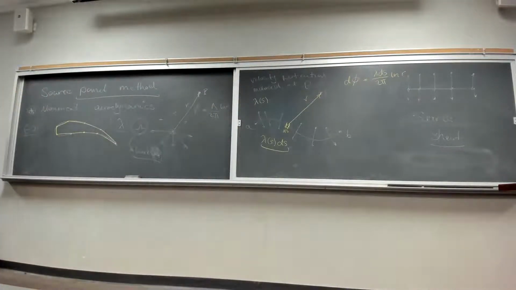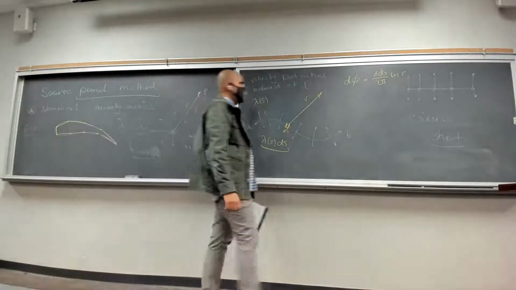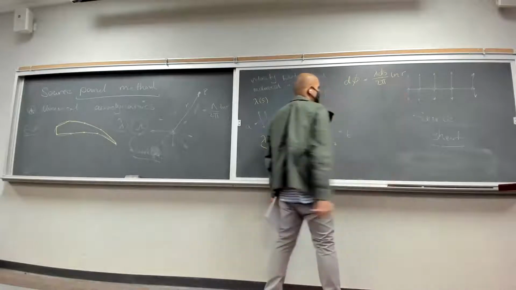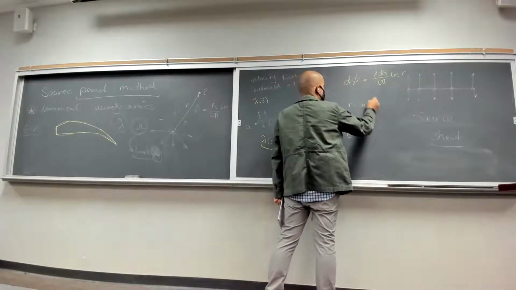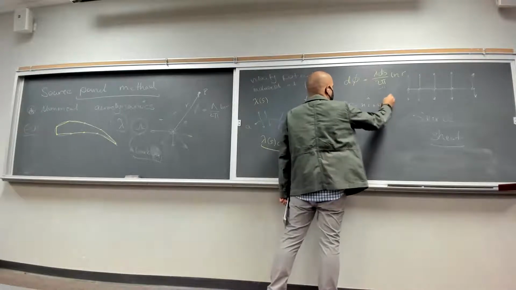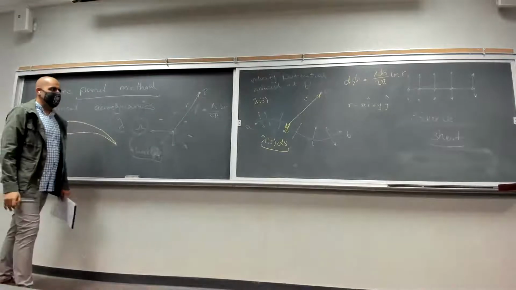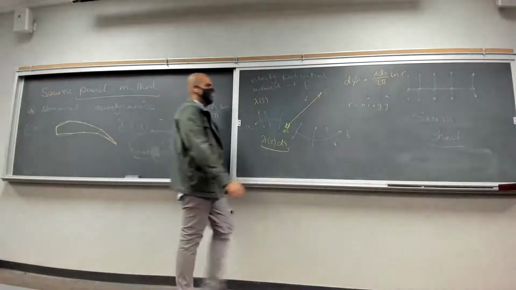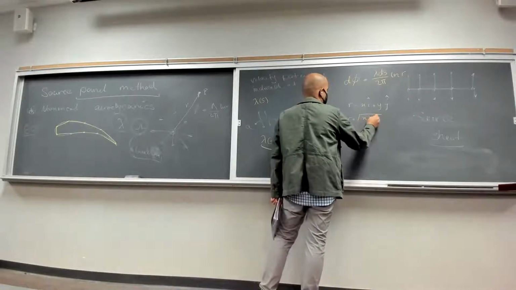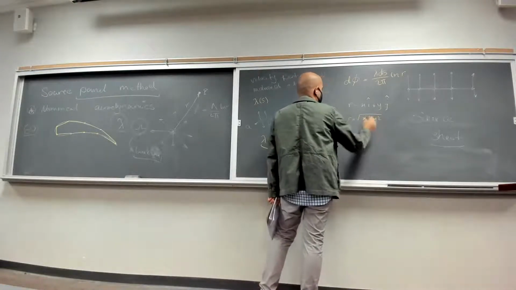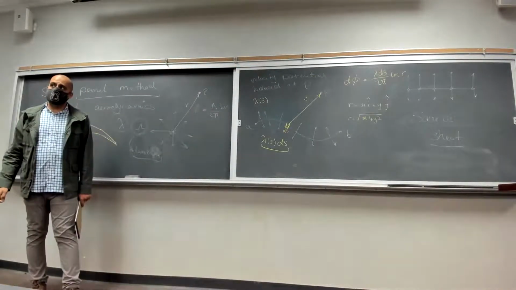Just have to keep in mind that this r is a vector, a function of x in Cartesian coordinate system, and y, right? And its magnitude is the square root of x squared plus y squared.